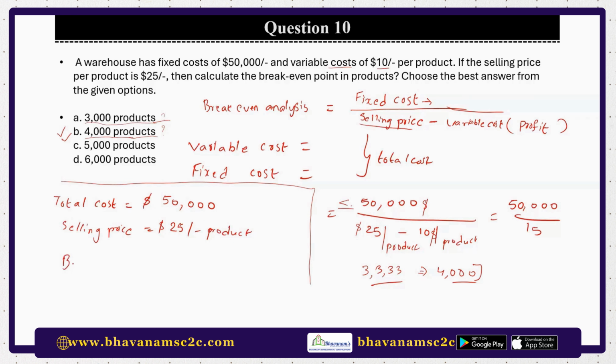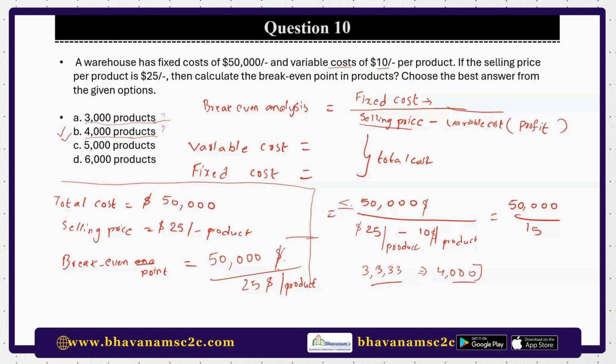Then in this category, what do you say the break even point is? Total cost is $50,000 and the selling price is $25 per product. Also, one important thing I would like to insist while you practice: always give the units when you are calculating in fractions, so that if you make a mistake, you will come to know.